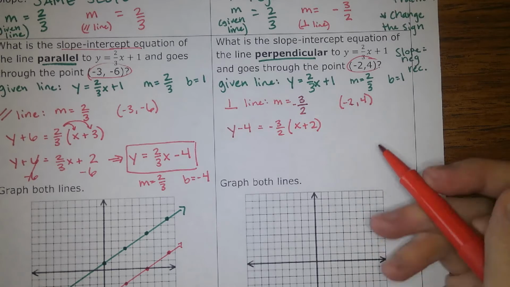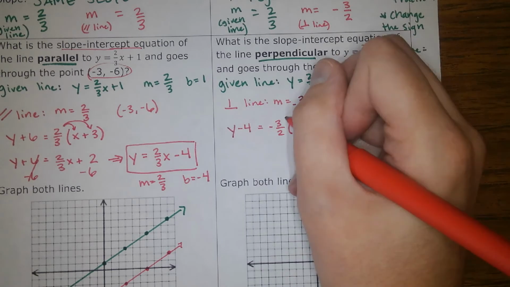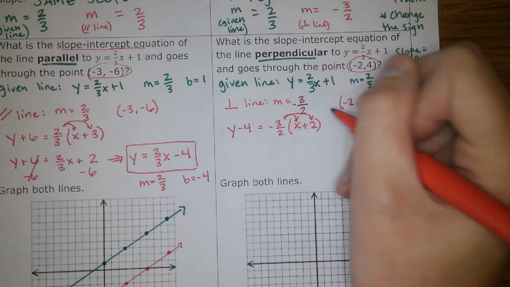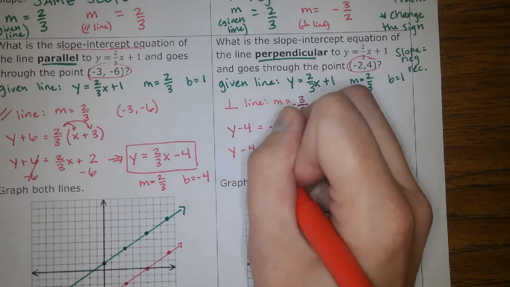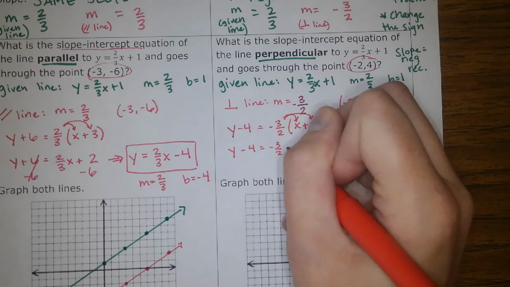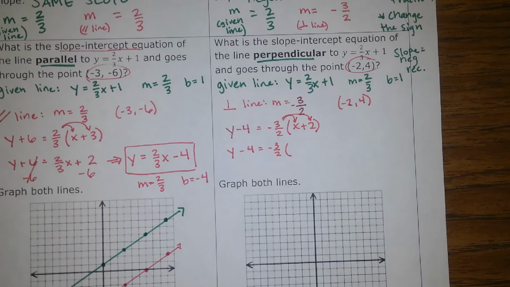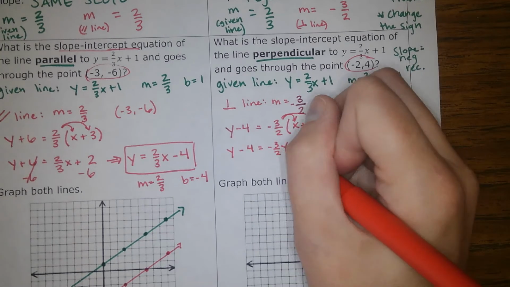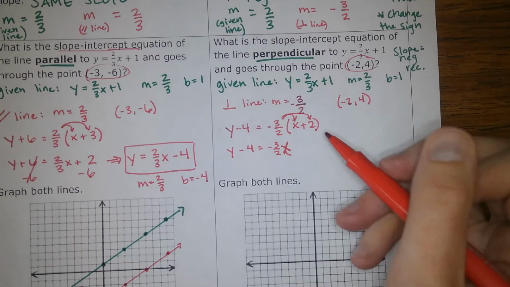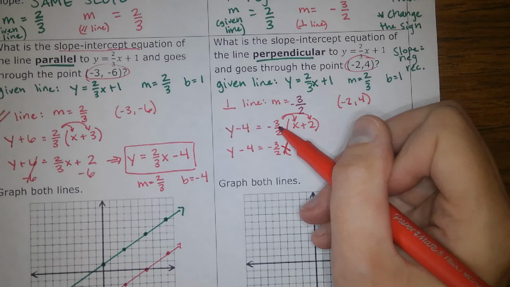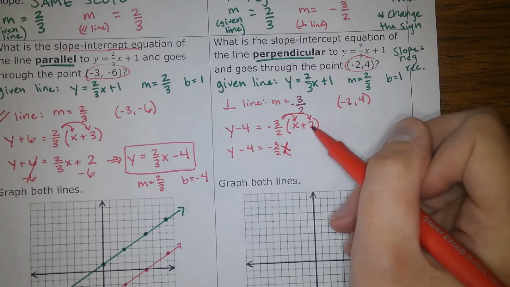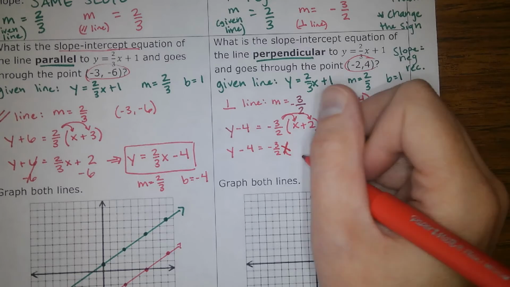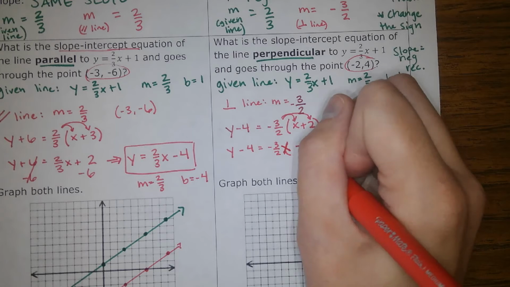All right, so now we're going to distribute just like we did on the last one. So we get y minus 4 equals negative 3/2 x. Oh, whoops, my bad. I'm trying to get rid of that parentheses. Then negative 3/2 times positive 2 would give me negative 3.